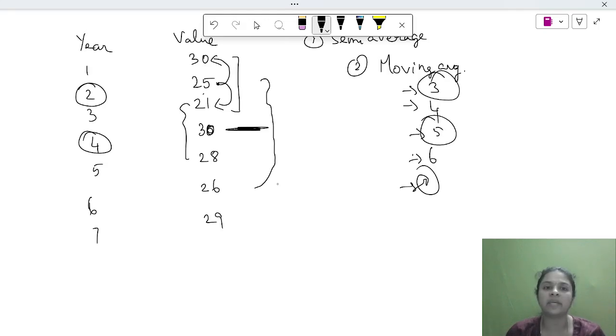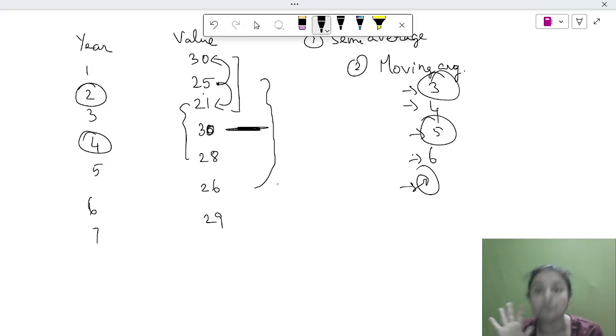Are you following me? Okay, I am repeating again. If they ask you a 3-year moving average or 5-year, which is any odd year moving average, 3, 5, 7, whichever they ask, take the given year, and take an equal number of years before and after. For example, if they are asking 3, given year is the middle year. 1 before, 1 after you need to take.